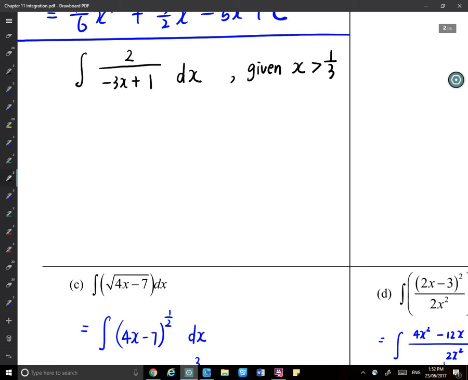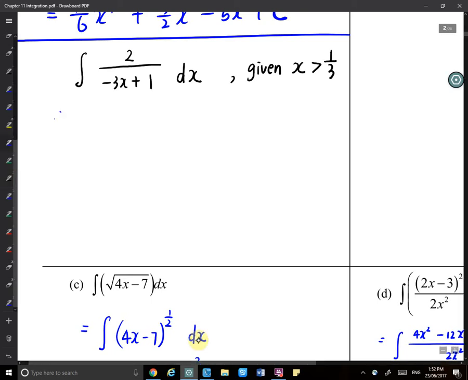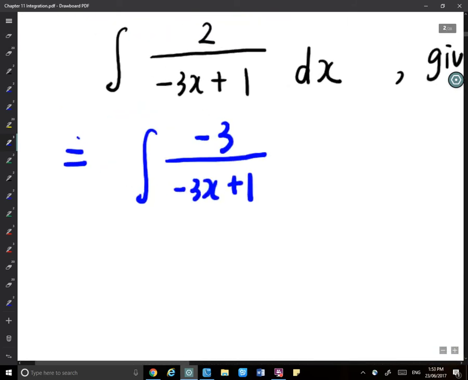Log. Okay, if it's a log function, that's the g(x), and then g'(x) will be -3. But I can't just ignore this 2.